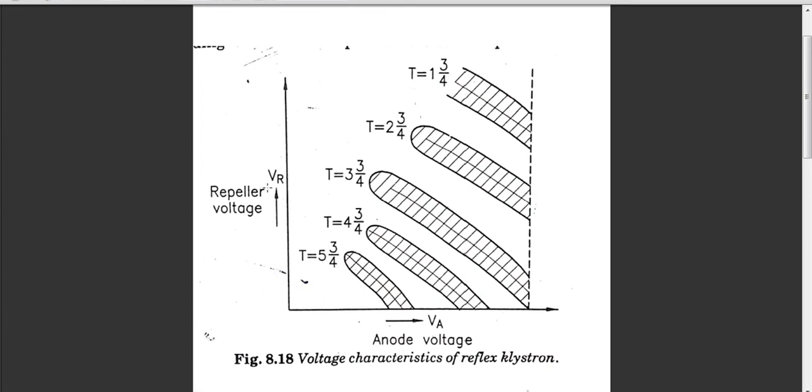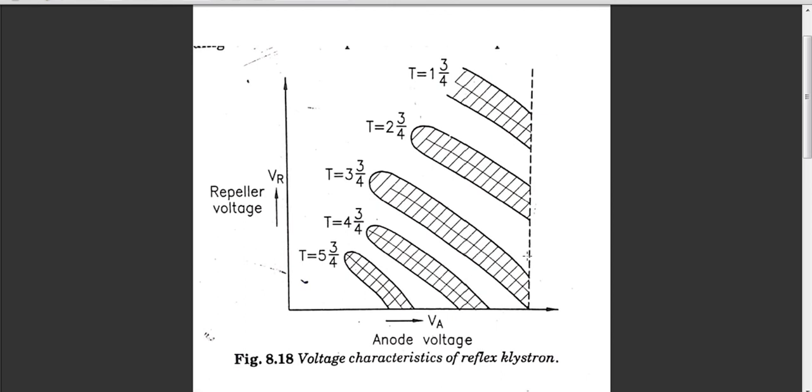Because more repeller voltage and more anode voltage are required, there might be problems of insulation, and also there are possibilities of lesser efficiency.